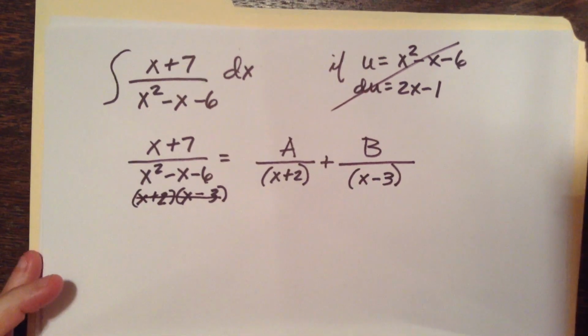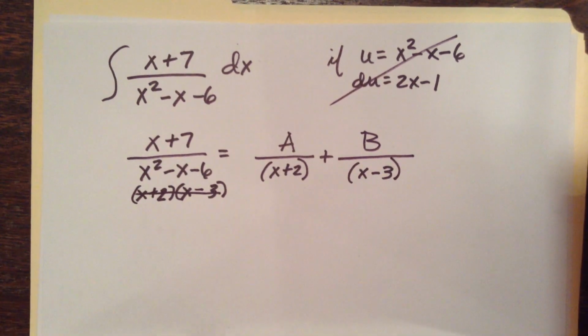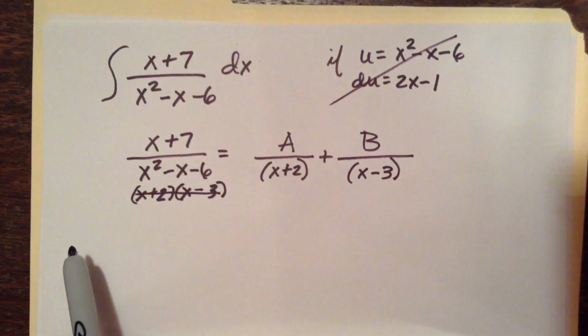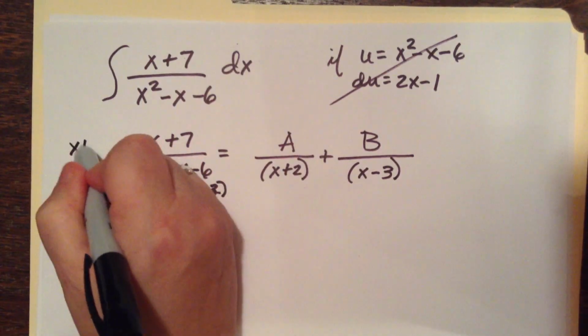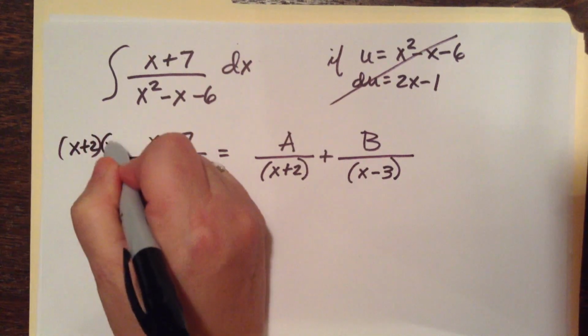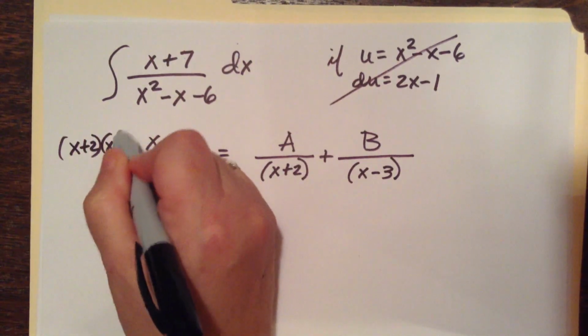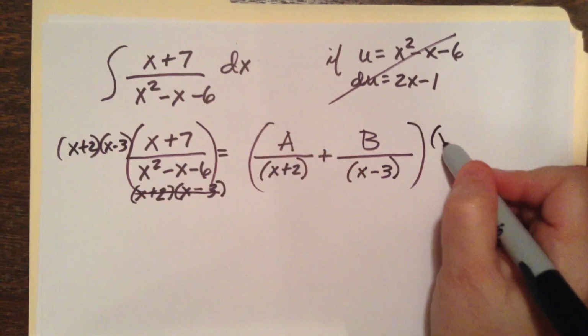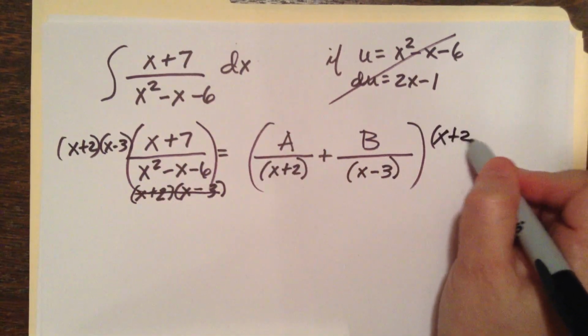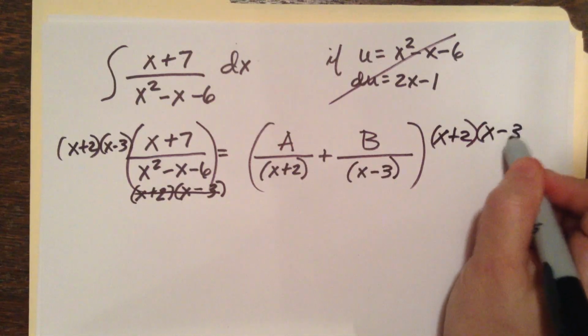What we're going to try to do is get rid of the fraction, and we could multiply both sides by this common denominator, or x plus 2 times x minus 3. If I do that to the left side, I'll have to also do that to the right side. X plus 2 times x minus 3.